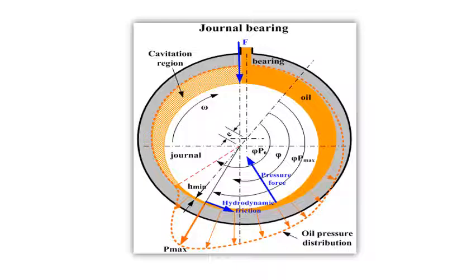If no force is applied to the journal, then it will be concentric with respect to the bearing. However, due to the load, the journal is displaced from its concentric position, and that is responsible for forming the convergent narrow shaped zone through which the oil enters.